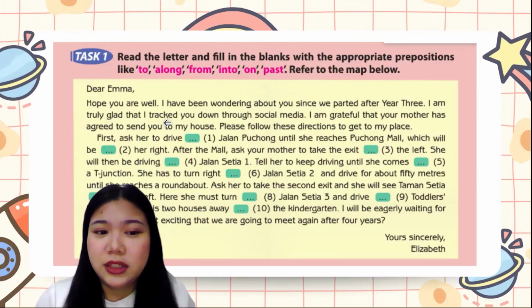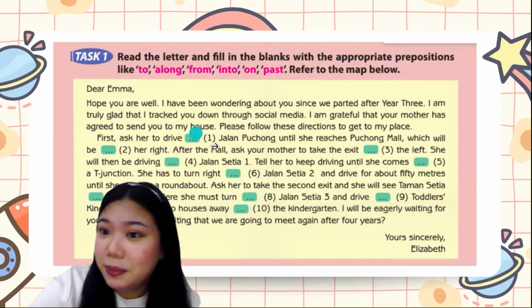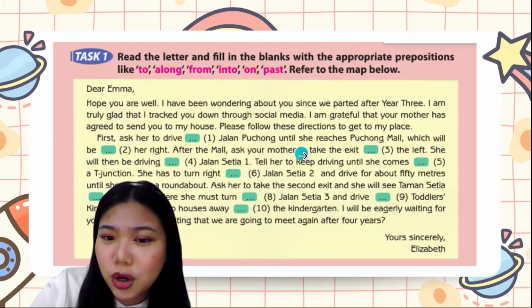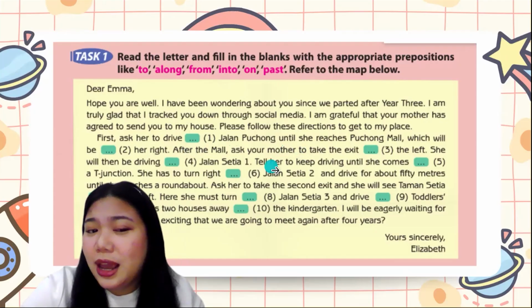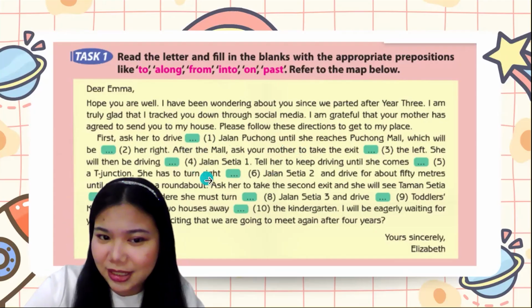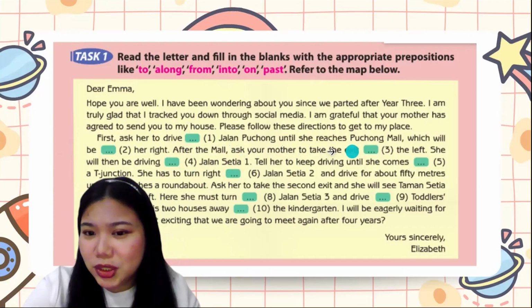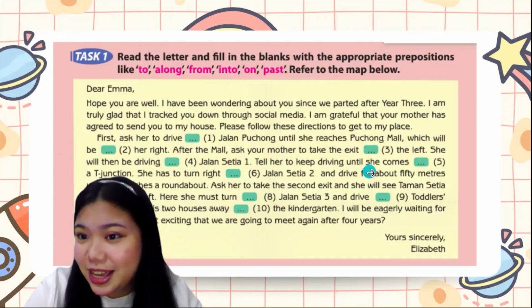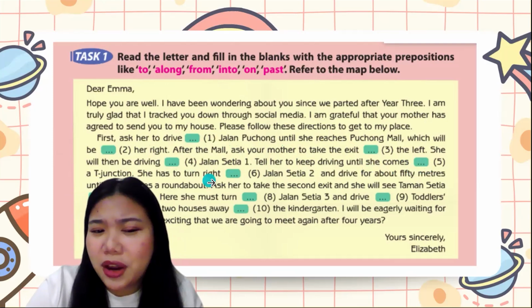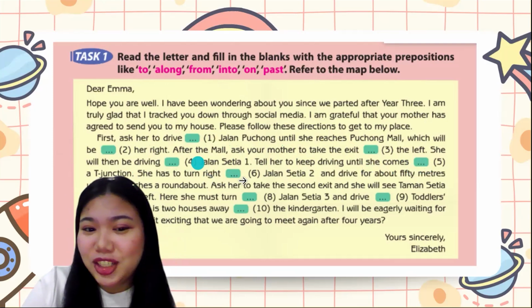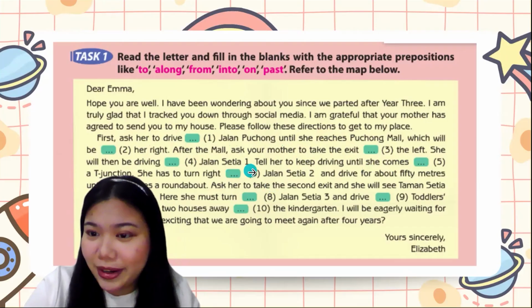First, ask her to drive blank Jalan Puchong until she reaches Jalan Puchong Mall, which will be blank her right. After the mall, ask your mother to take the exit again blank left. She will then be driving blank Jalan Setia Satu 1.